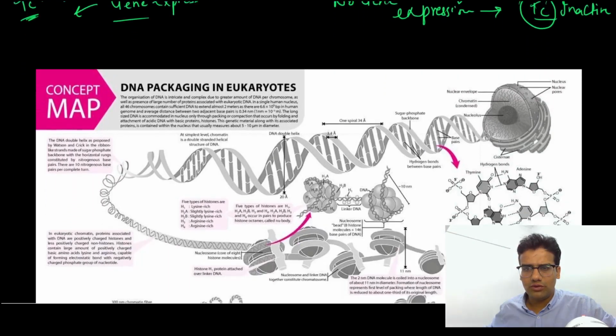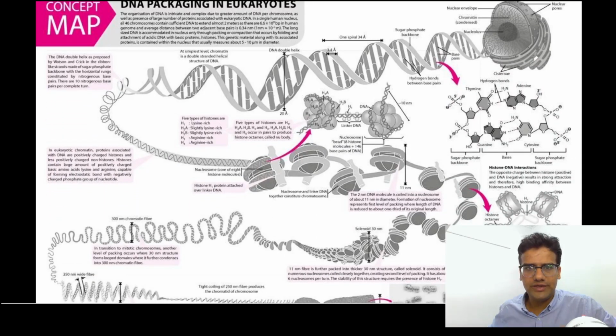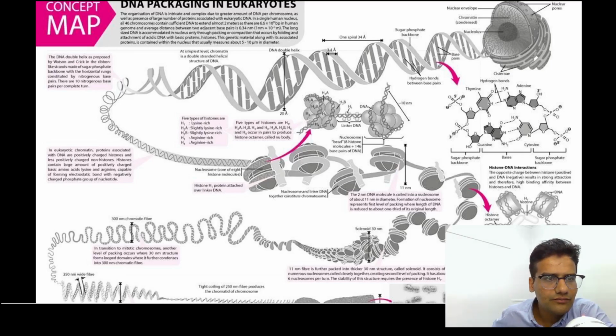This is the concept of packaging in eukaryotes. We have already done this part, and this is the solenoid model. So this is the DNA. We started from here. This is the double helical structure of the DNA, which is called 2 nanometer fiber.